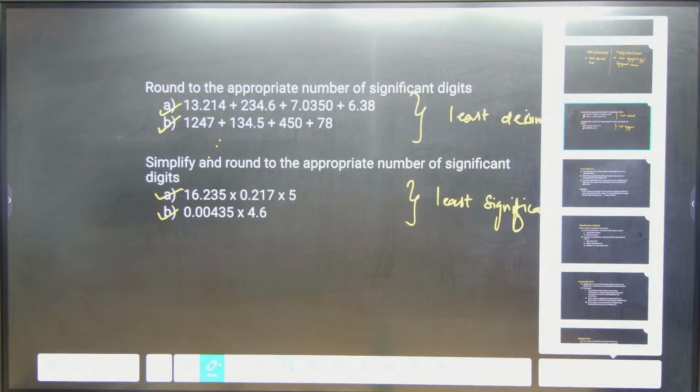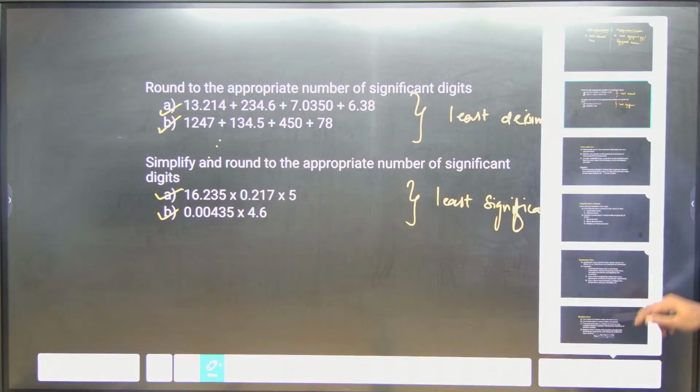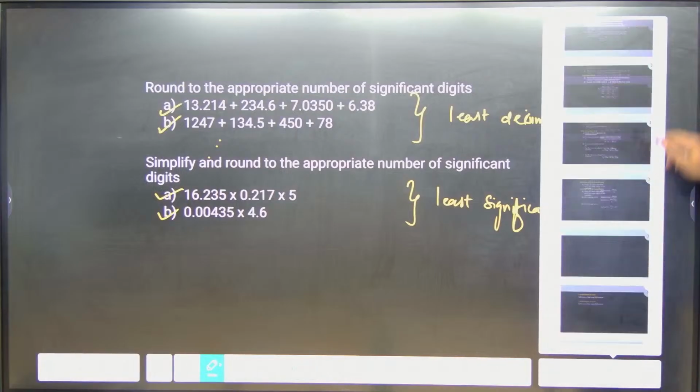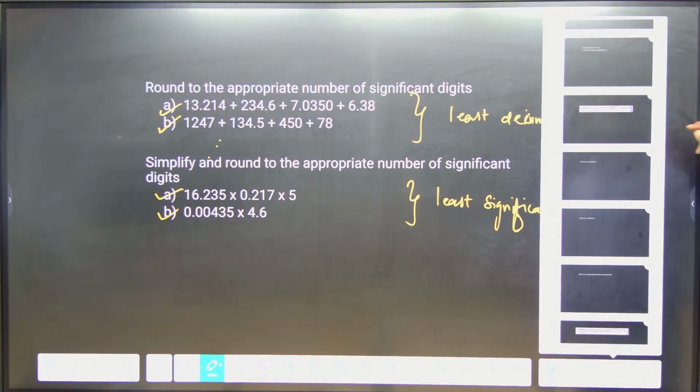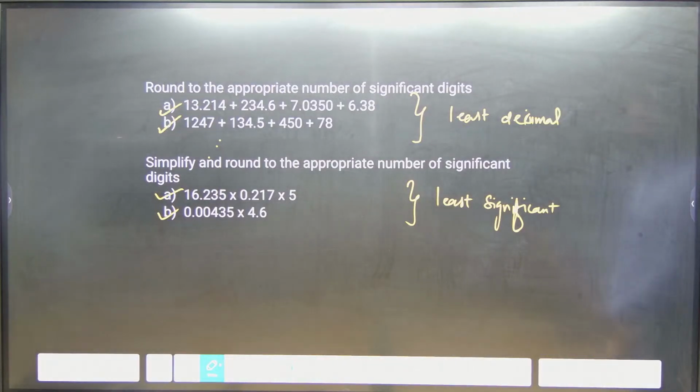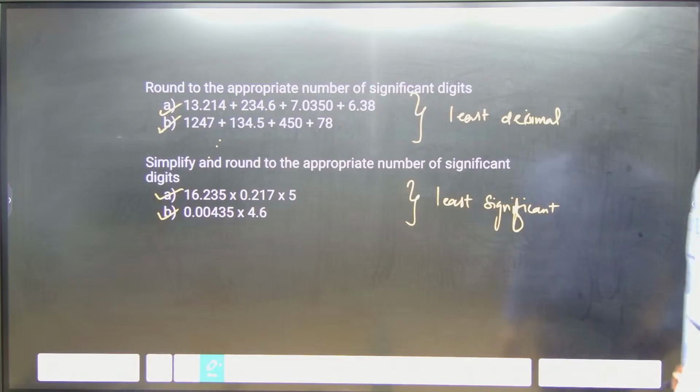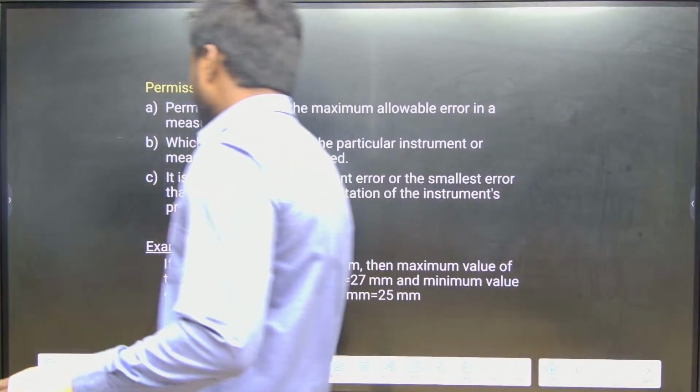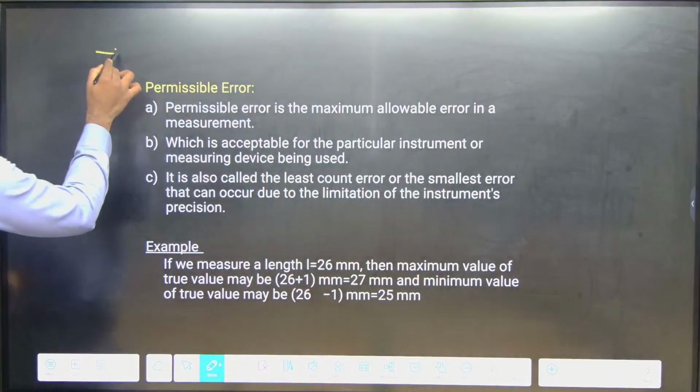I hope you have completed. Okay, we'll go for the next one. So, types of errors is the topic now.